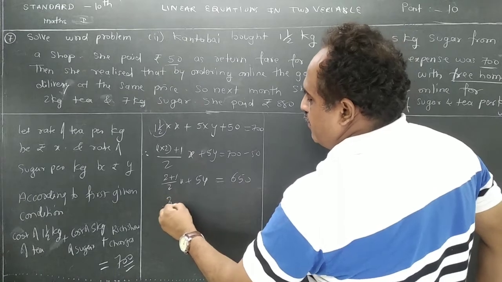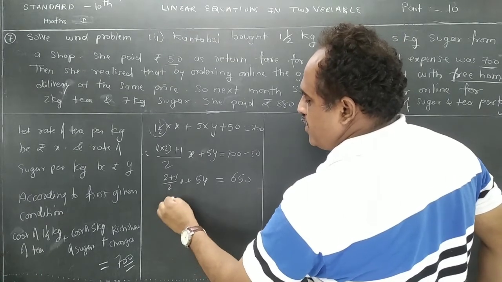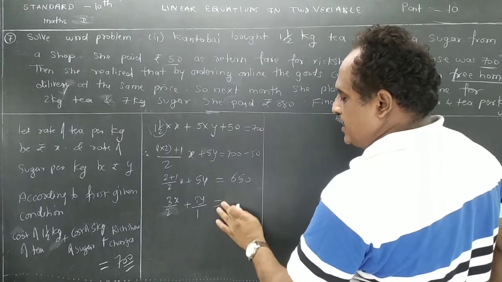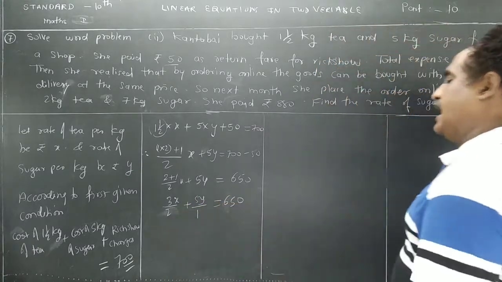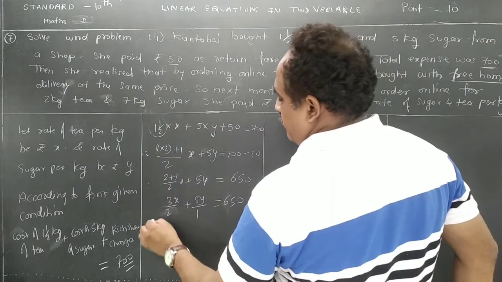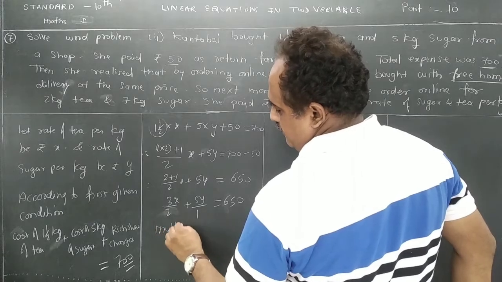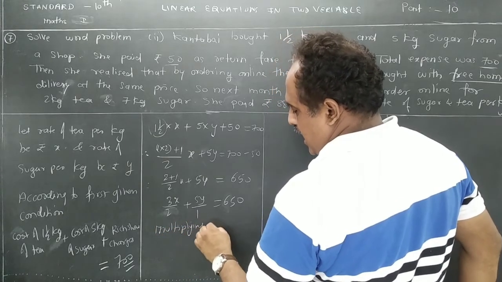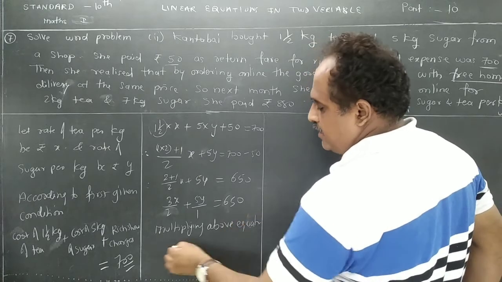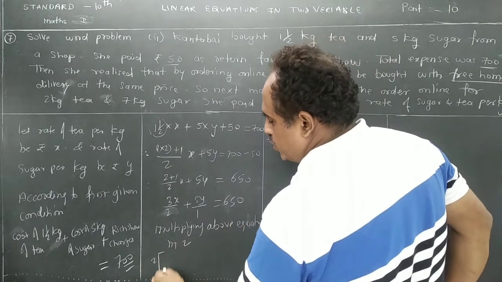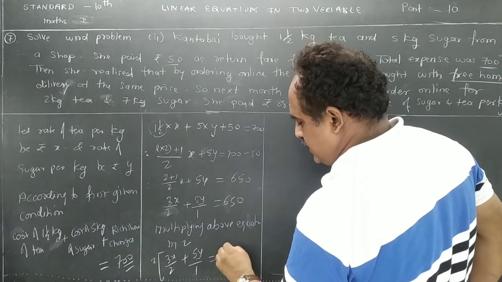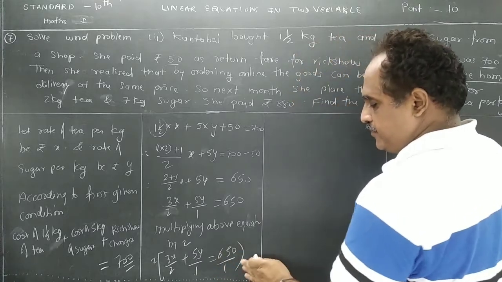So 3x by 2 plus 5y is equal to 650. Again, the denominator is 2, so you have to be careful. Multiplying the above equation by 2: 2 in bracket, 3x by 2 plus 5y, equals 650.